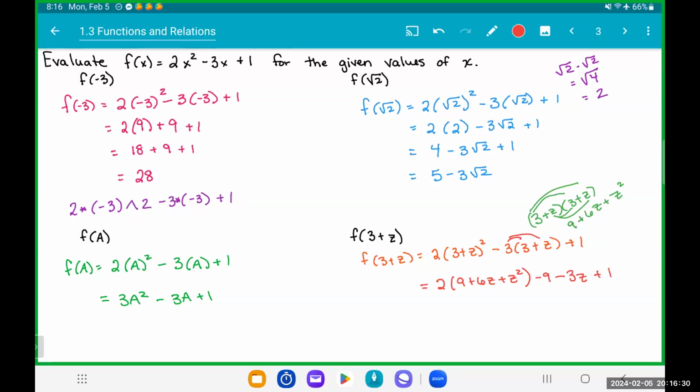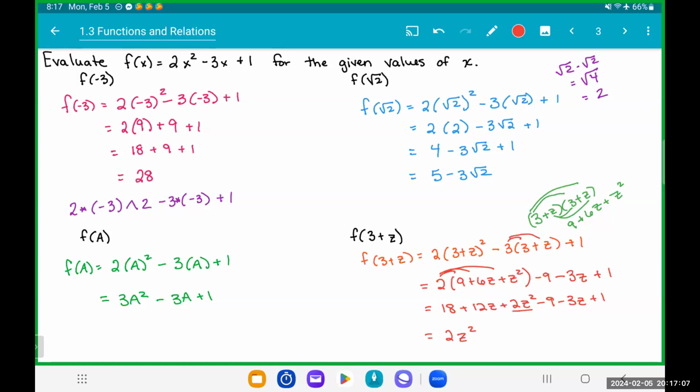Okay. So simplify. Now we can multiply this 2 by each of the terms here, so we're distributing that 2. That gives us 18 plus 12z plus 2z squared minus 9 minus 3z plus 1. Now all we need to do is combine all of our like terms, starting with the highest exponent. So we have 2z squared.